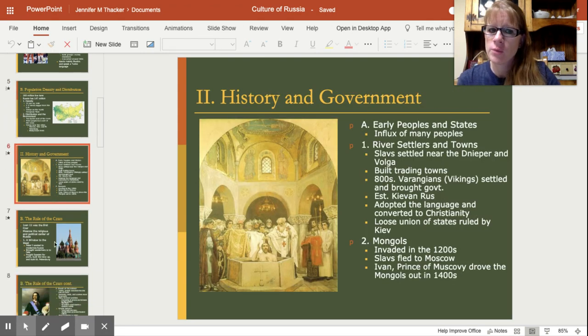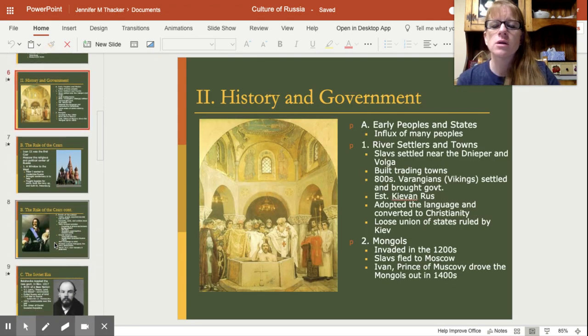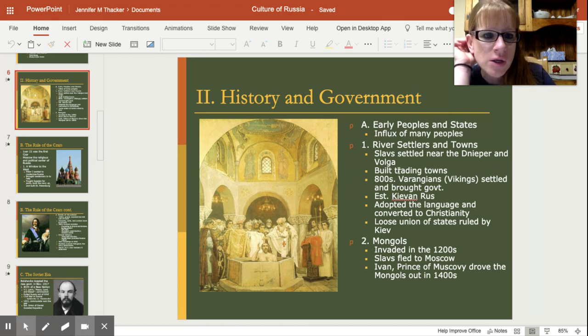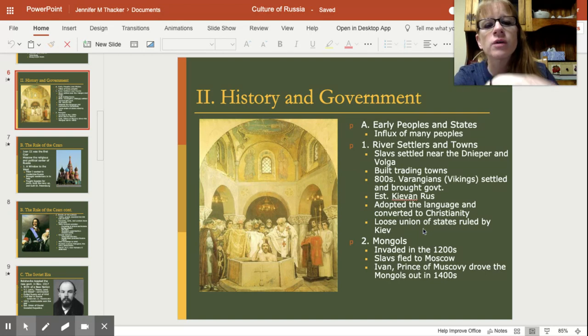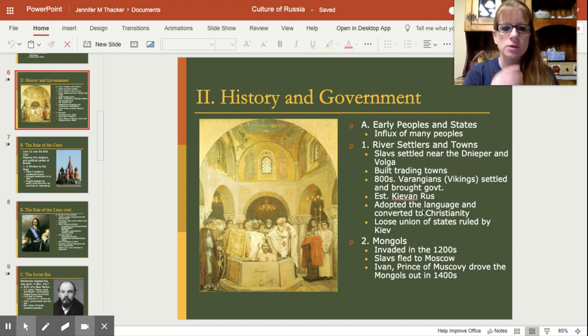History and government. We've already talked about the government at length, so I'm only really going to talk a little bit about this here. So part of Russia's history, again, it goes along with water, right? People settle near water, and that's where they built their towns.